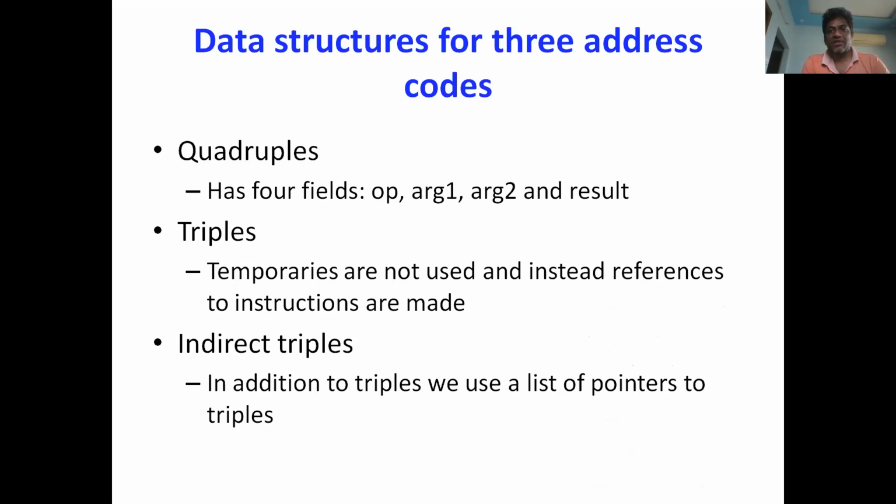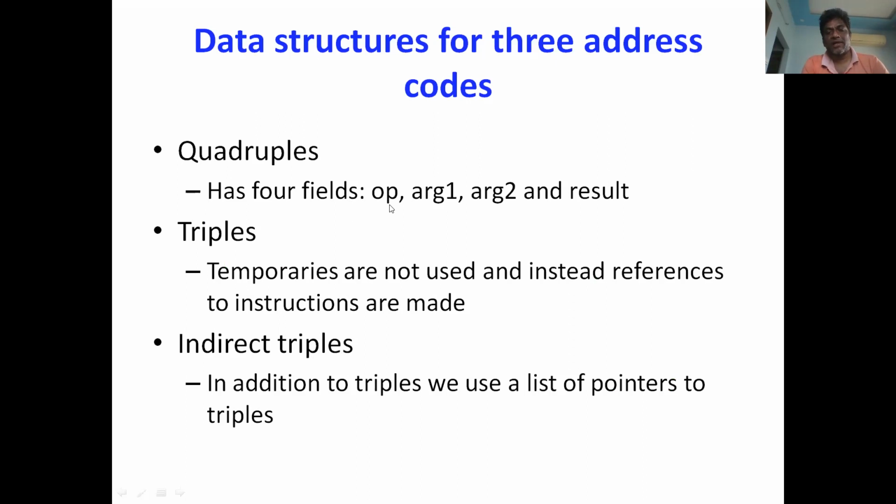And coming to the representations of three address codes, there are three types of representations we can use, which are also called data structures for three address codes: quadruples, triples, and indirect triples. In quadruples, all these forms are going to be table representations only, or arrays only. Quadruples contain four fields.